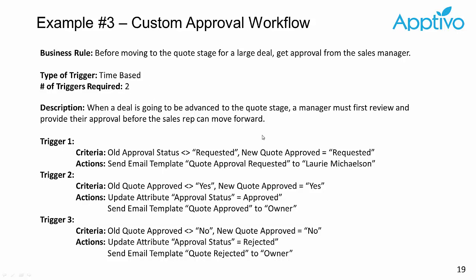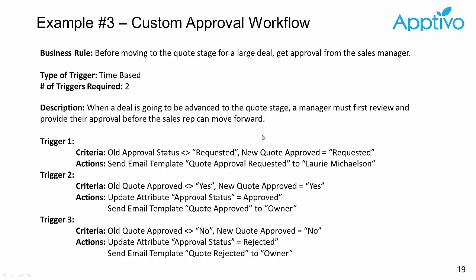This would be a simple one-step approval workflow, where before I'm able to move a deal to the quote stage, I want to request approval from the sales manager. And maybe what you want to do here is only apply it to deals of a certain size. So maybe if a deal is worth more than $10,000, before I issue a quote for it, I want to get approval from the manager.